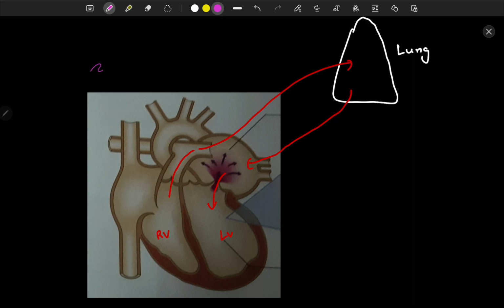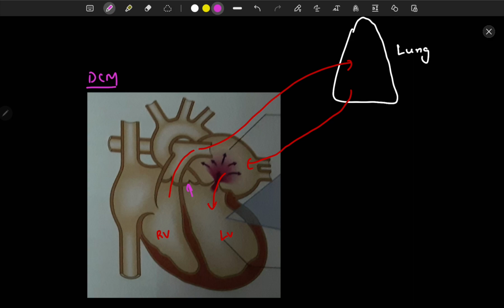In the case of dilated cardiomyopathy, there is systolic failure of the left ventricle. That is, it is difficult for the left ventricle to contract, so the blood is not getting ejected.